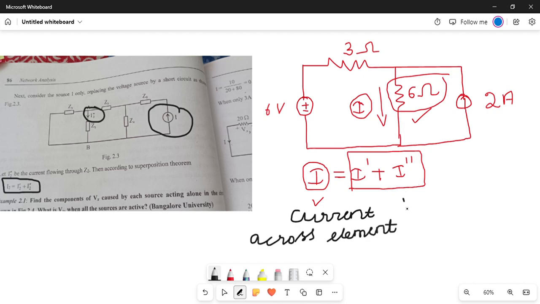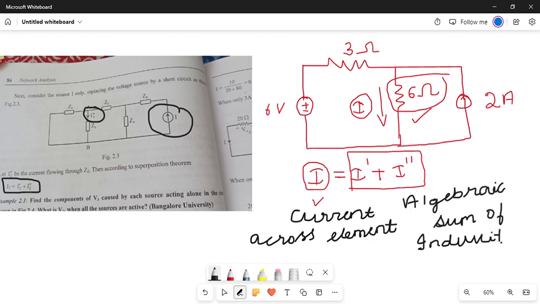This is the current across the element, and this is the algebraic sum of the individual currents flowing through the element, right?